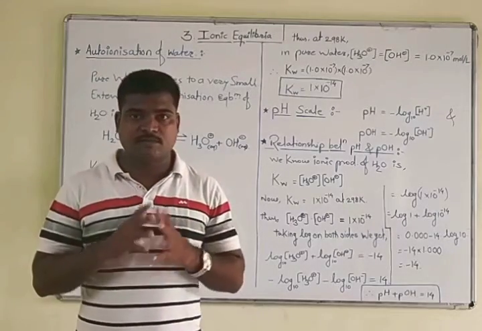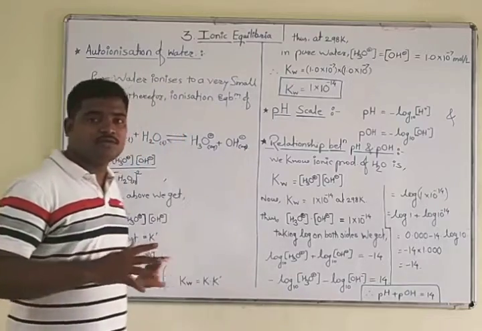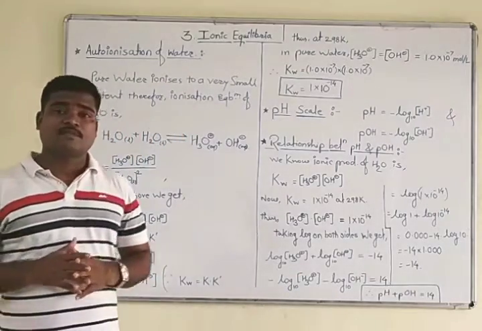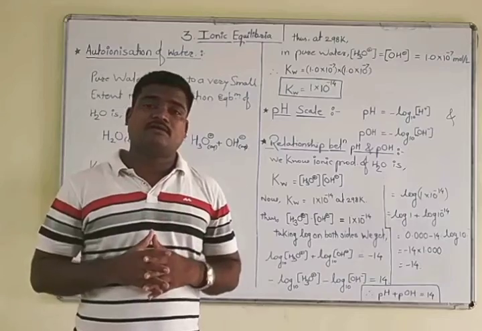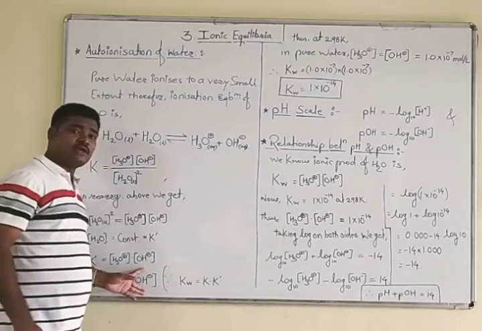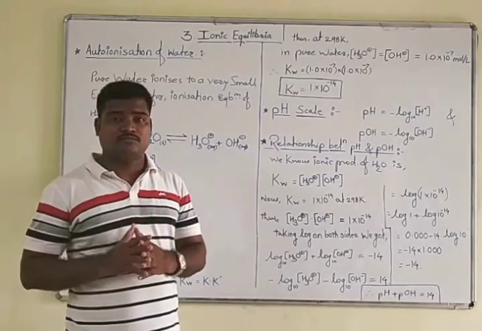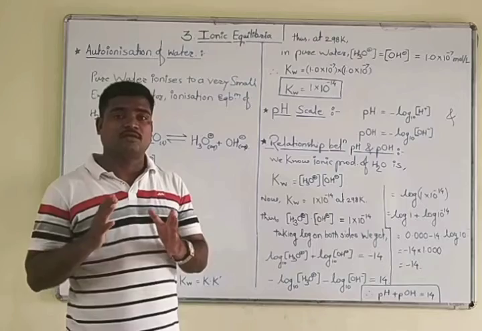This definition will be asked in your theory exam, so you have to keep this formula in mind, then you can write the definition in your own words. So this is Kw, that is, the ionic product of water.